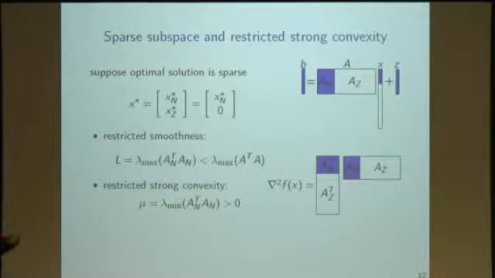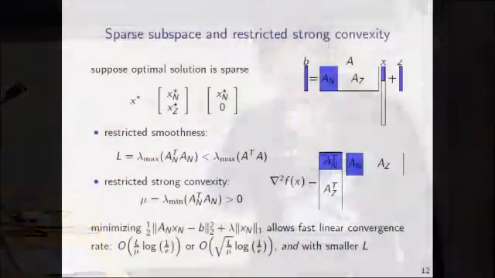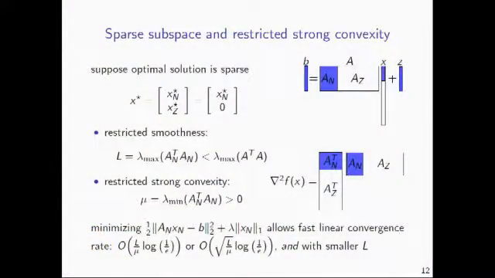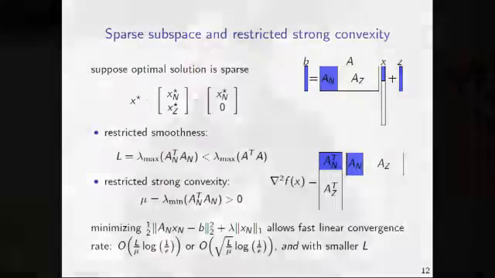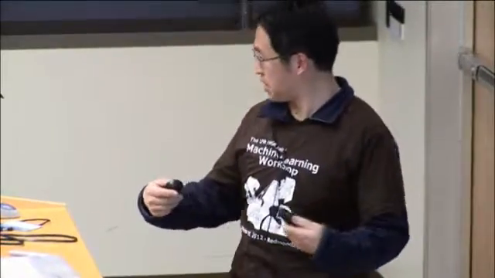So that's another thing: 1 over L is your step size, so you can go much faster. So if you're minimizing this problem, actually this is equivalent. If you had known the subspace ahead of time, you could solve it very fast. But unfortunately, you do not know the subspace ahead of time. So you have to think about a way to adaptively get close to, or find, the subspace.